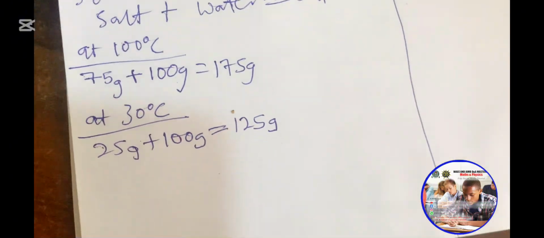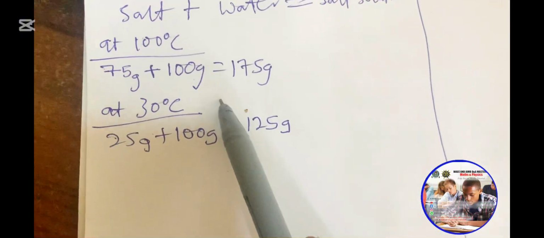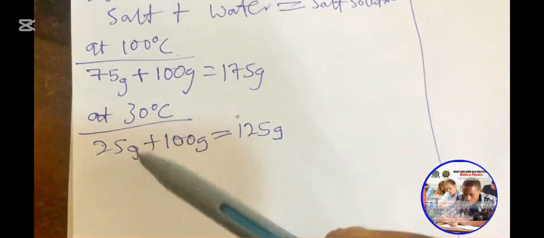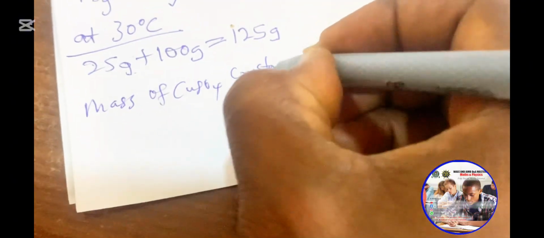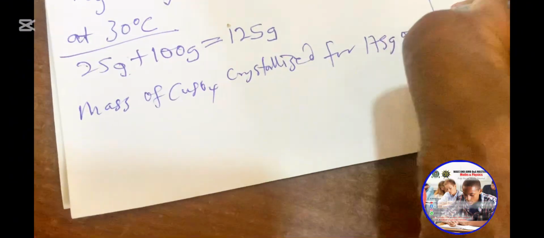So the mass crystallized when it moved from 100 to 30, we now say mass of copper sulfate crystallized for the total mass, which is 175 gram of copper sulfate solution, would be this minus this, which is 175 gram minus 125 gram.